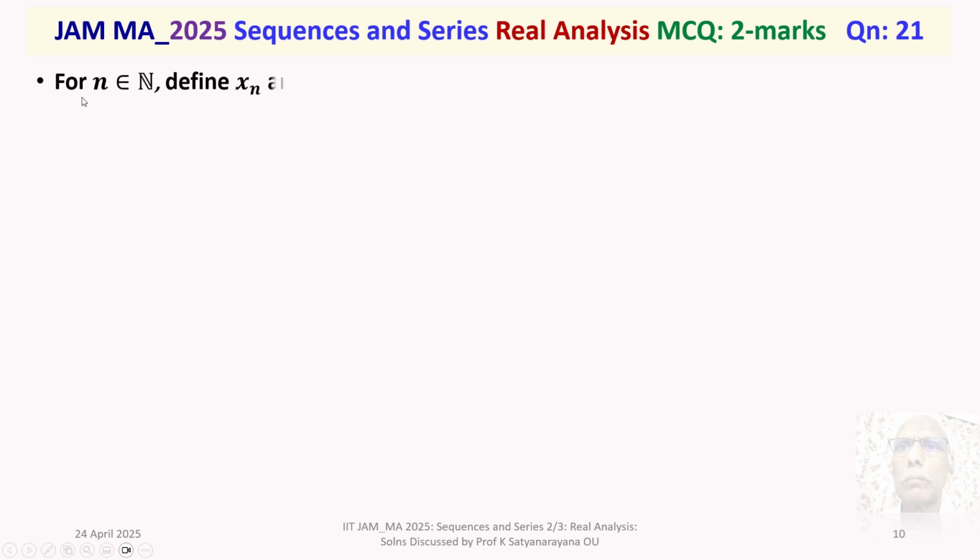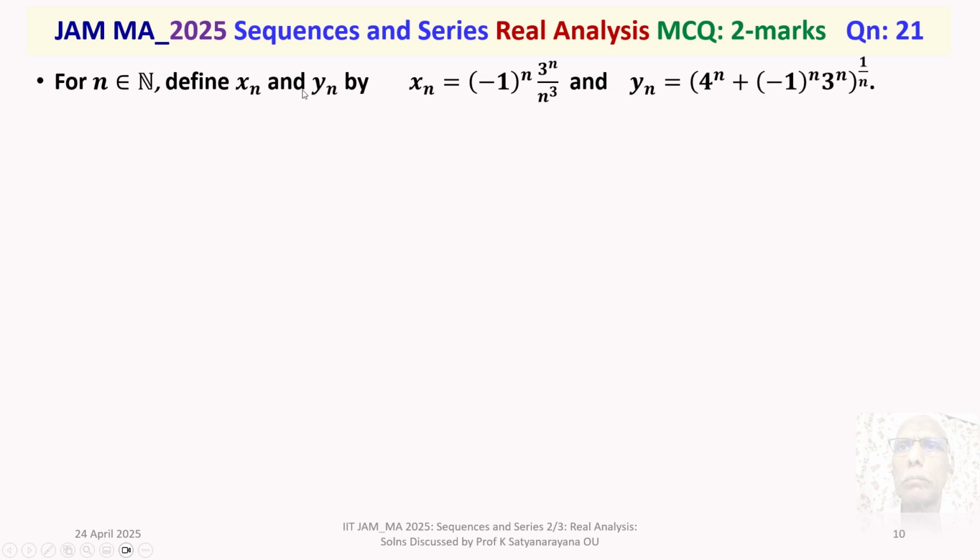For n belongs to N, define x_n and y_n by x_n is equal to (-1)^n times 3^n by n^3, and y_n is equal to (4^n plus (-1)^n times 3^n) whole to the power of 1 by n.